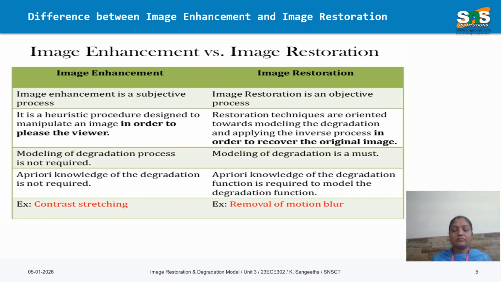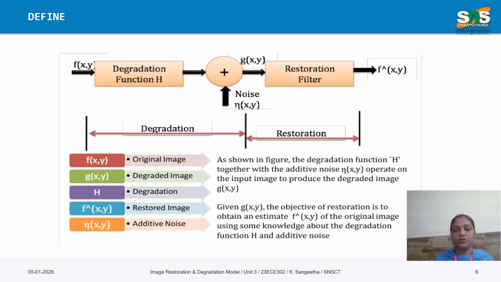Prior knowledge of the degradation function is not required for enhancement, but for restoration, appropriate knowledge about the degradation function and noise function should be known. These are the differences between image enhancement and image restoration.